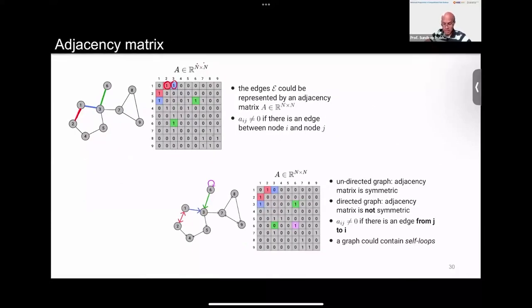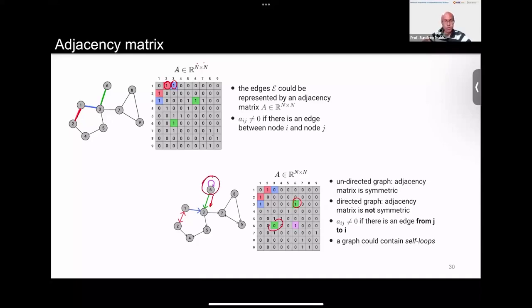Graphs can be undirected, which means there's no distinction between an edge from node 1 to 2 or 2 to 1. A directed graph would mean that there is an edge between 6 and 3, but there is no edge between 3 and 6, so there is directionality to that edge.